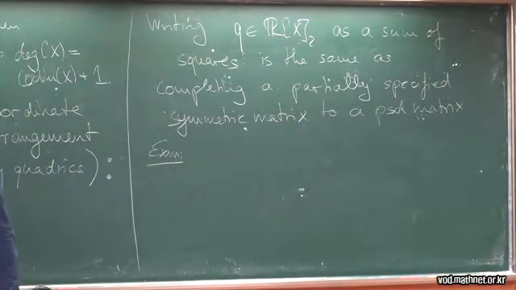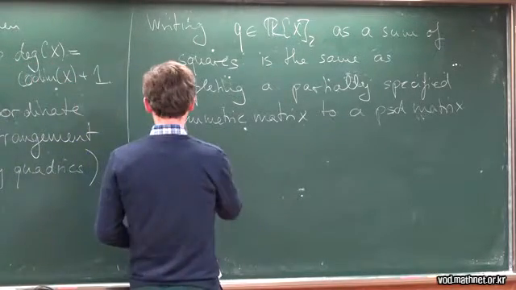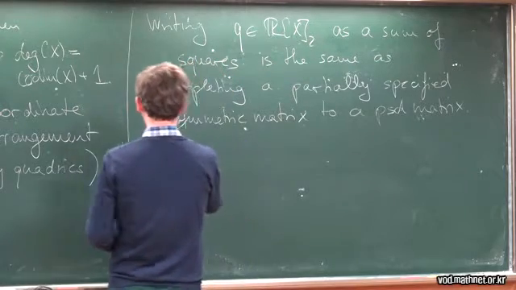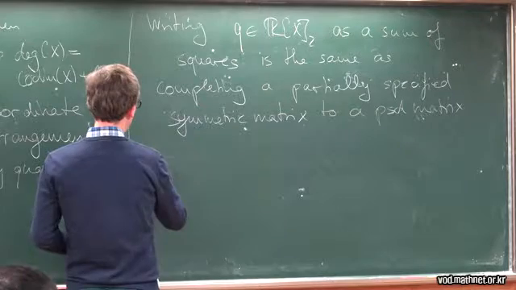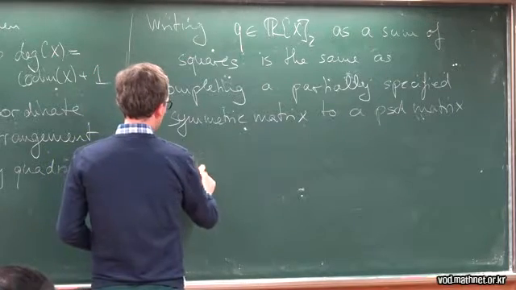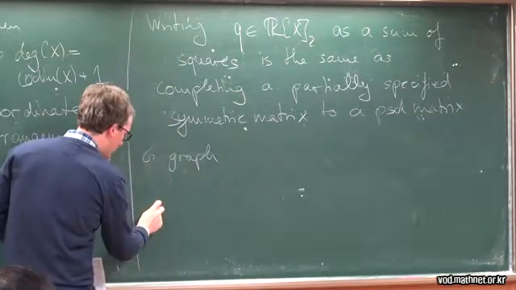What I did in the last talk is I drew graphs to encode these subspace arrangements. Maybe let's do an example and the general setup at the same time. So suppose G is any graph. Example: a 4-cycle.